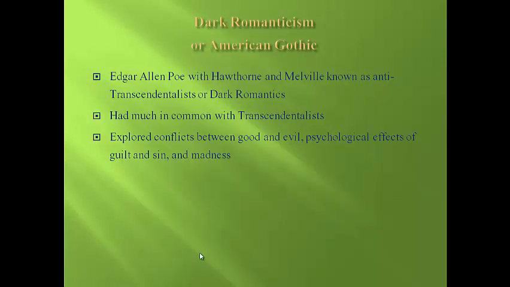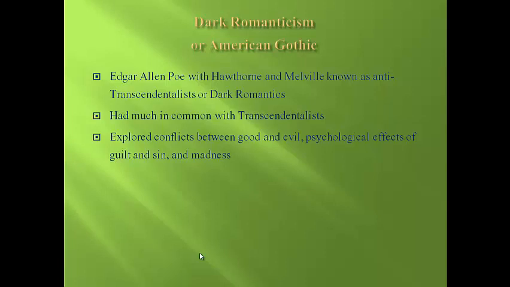Dark Romanticism, or Gothic Romanticism, is the period that appeared in the later part of Romanticism. Edgar Allan Poe, with Hawthorne and Melville, are known as anti-transcendentalists or dark romantics.